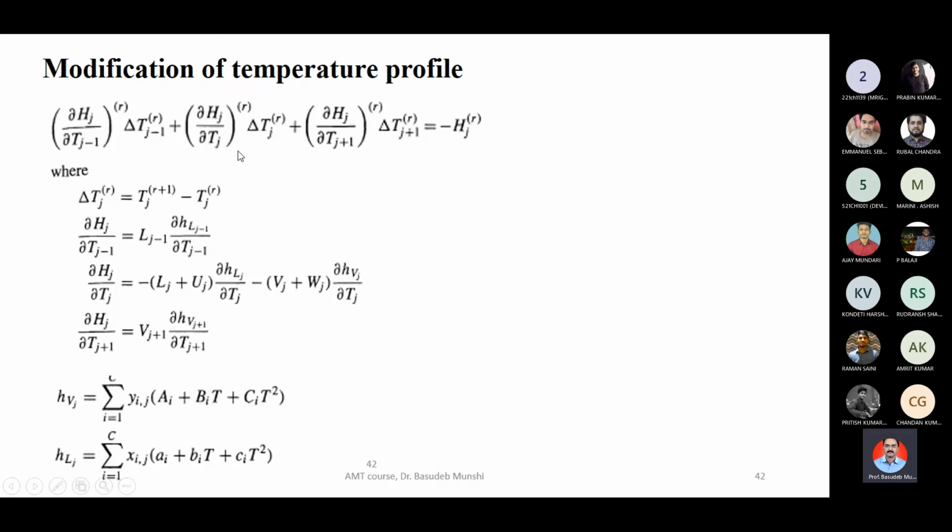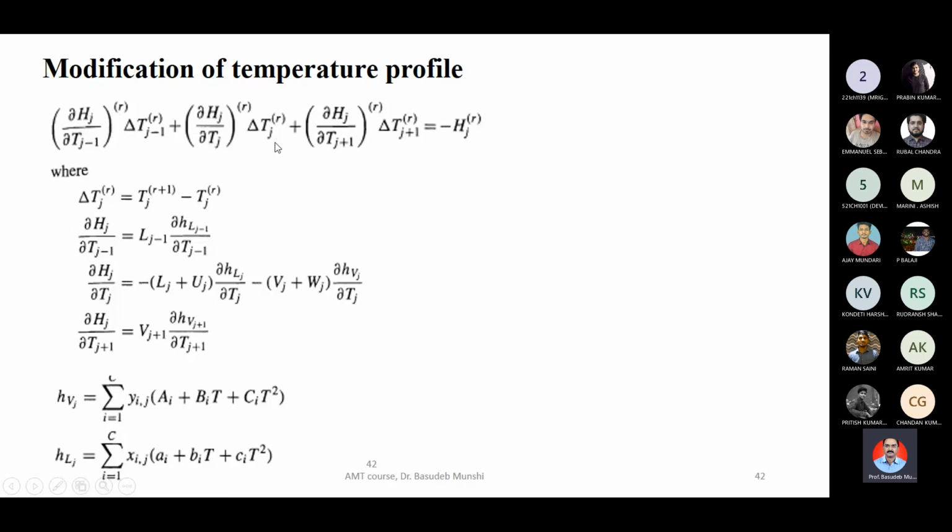Now you can see this equation. In this equation, this coefficient is known into this unknown, this coefficient is known into this unknown, this coefficient is known into this unknown. Now this equation we write for j equal to 1 to n. When you write it for j equal to 1, you get delta T0, but that does not exist, so you have to omit this term and consider it as 0.